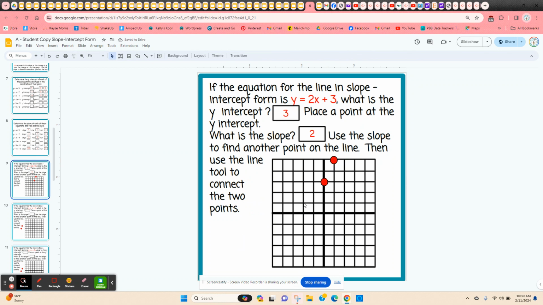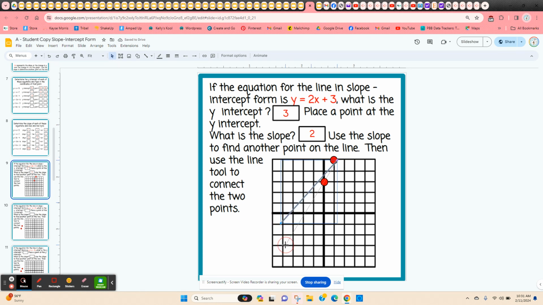They can just connect them, and they're going to use the line tool to do that. So they come up here. They're going to click on line. And these little blue circles at the end, they can move them into place. So I'm going to start here with my line.